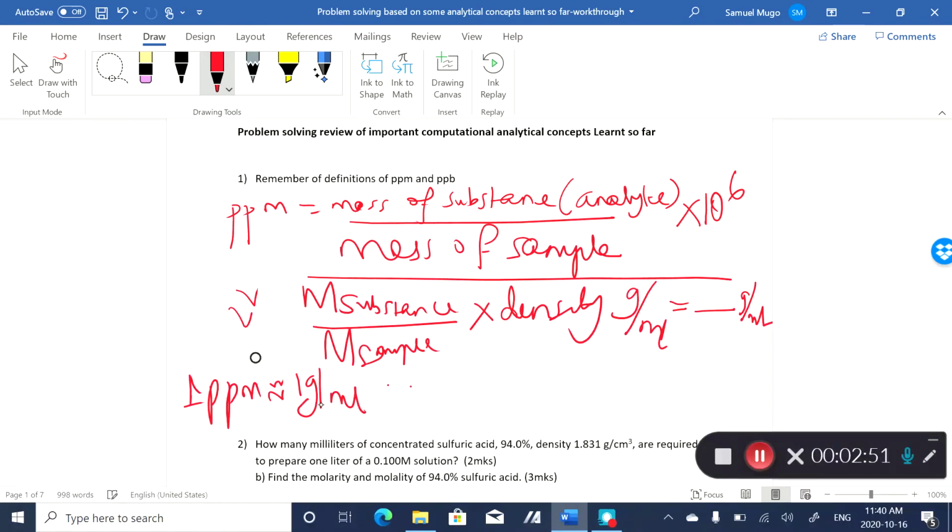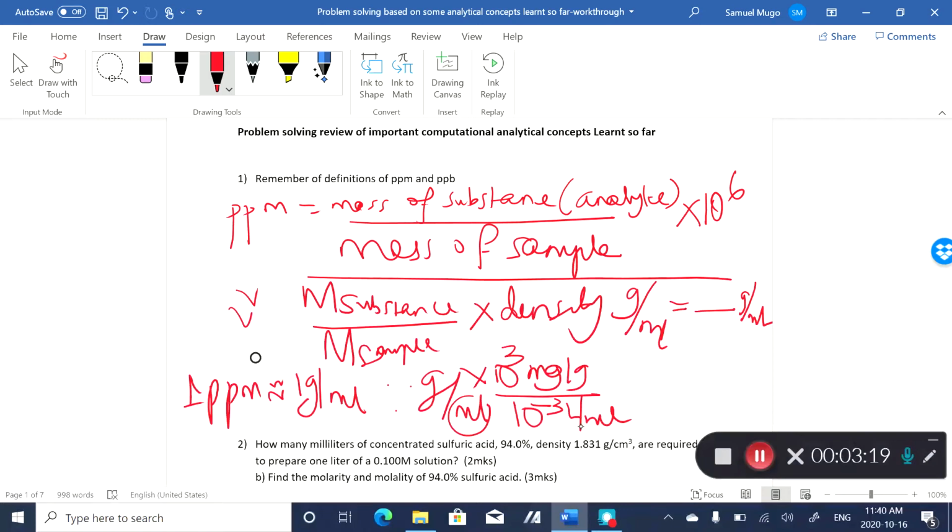And as such, you can take the grams per mil and convert that to milligrams, which is 10 to power 3. And then the mils, you can convert to liters, which is 10 to power minus 3 liters per mil.